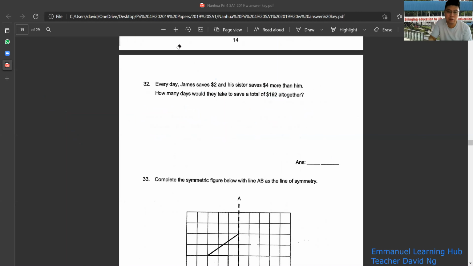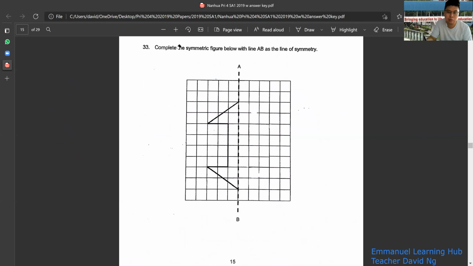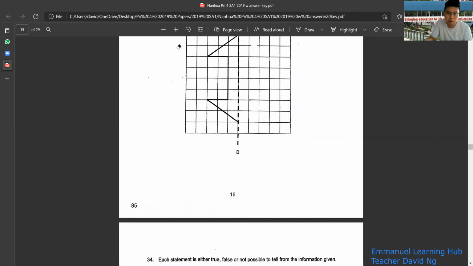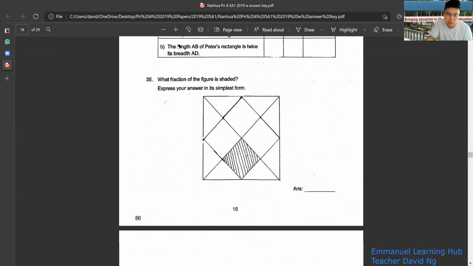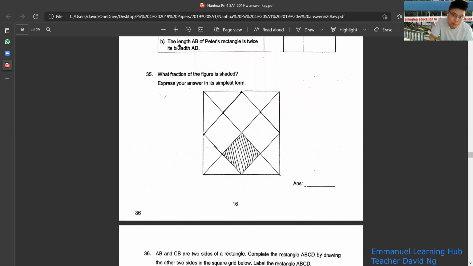Okay. This question 35. What fraction of the figure is shaded? You tell me one square here is how many triangles? 2 triangles.